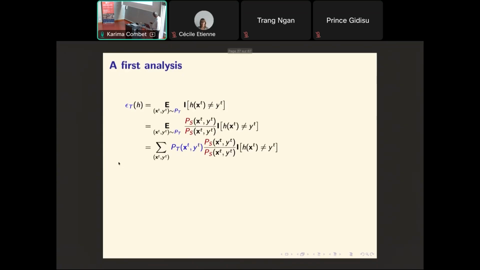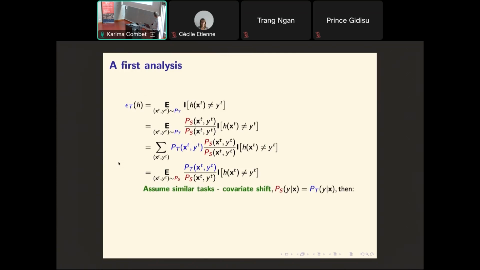Then we can refine the expectation by summing over the instances and weighting the models by the probability of the target here. We rewrite the terms, and then I obtain an expression over the source domain and the ratio between the target and source.